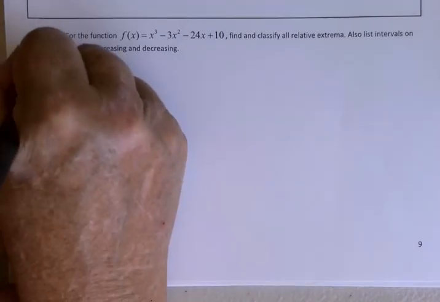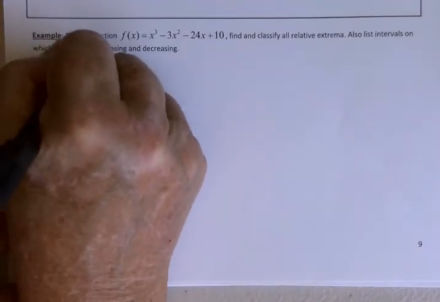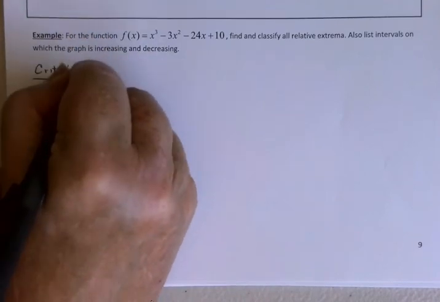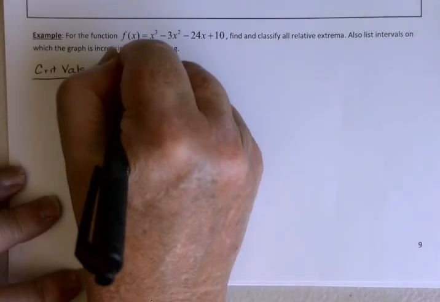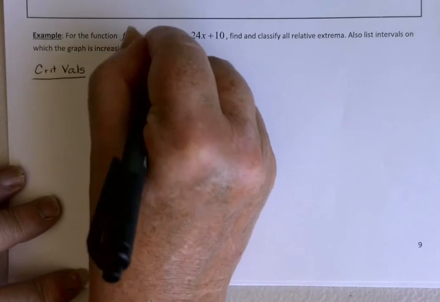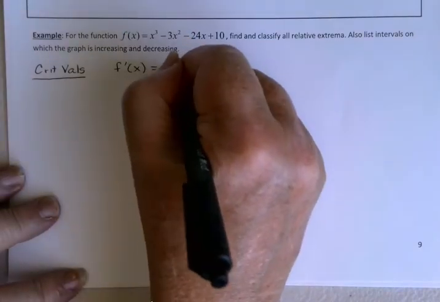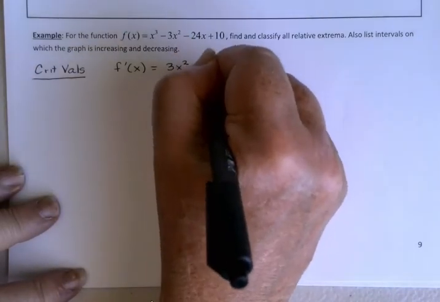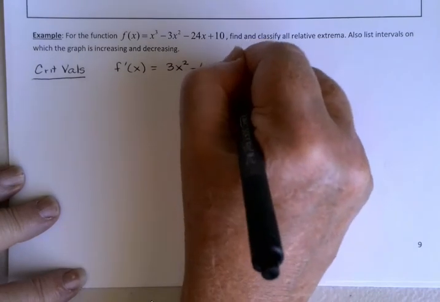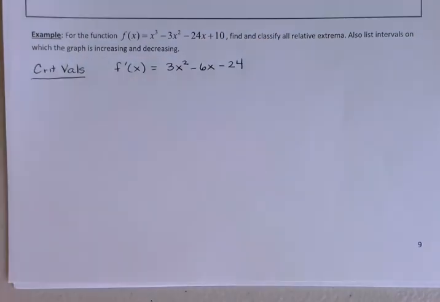So first of all, I want to find those critical values. F prime in this case would be 3x squared minus 6x minus 24.